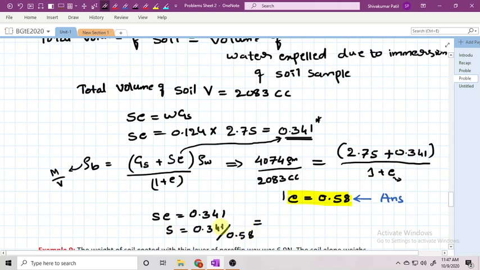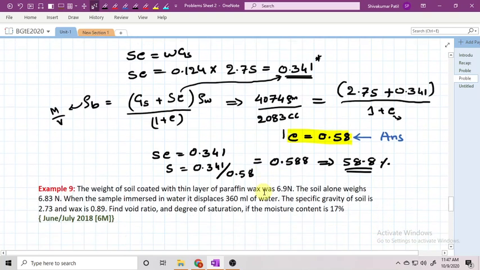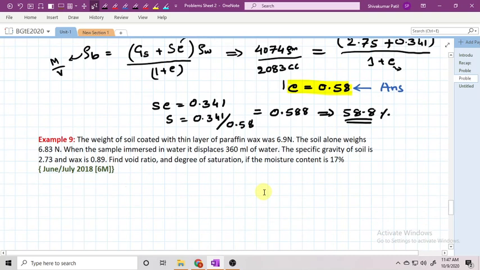So what is the degree of saturation? S is equal to 0.588, which is equal to 58.8 percent. So this is the degree of saturation, another answer.